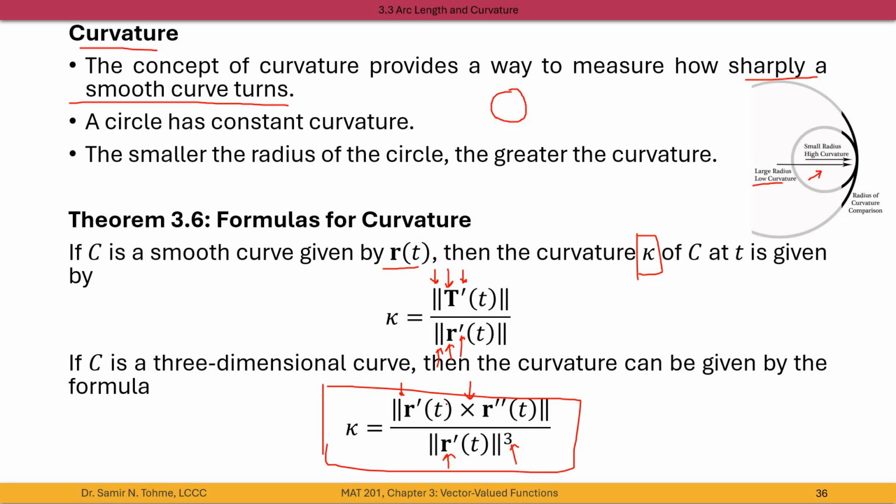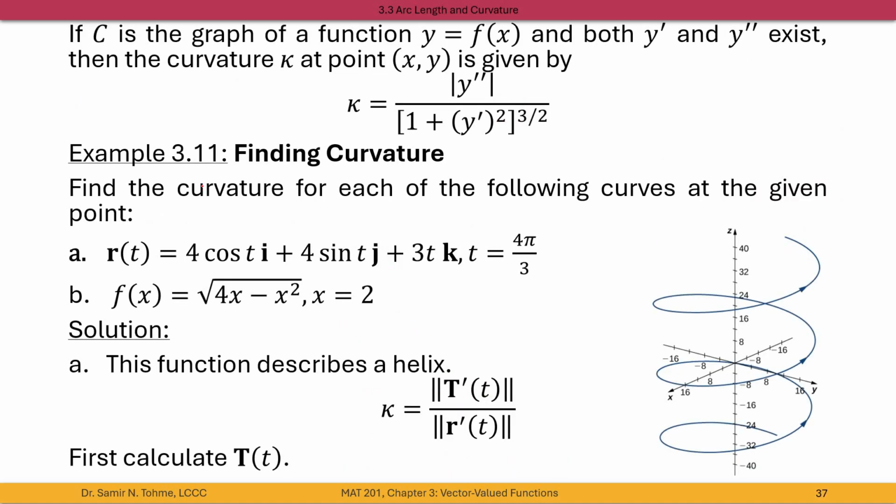Let's take an example to calculate the curvature of a curve. Before doing this in example 3.11, if you have a scalar function, or excuse me, a real function, not a vector function, you can calculate the curvature kappa at a given point x, y by calculating the derivative y prime and the double derivative y double prime.